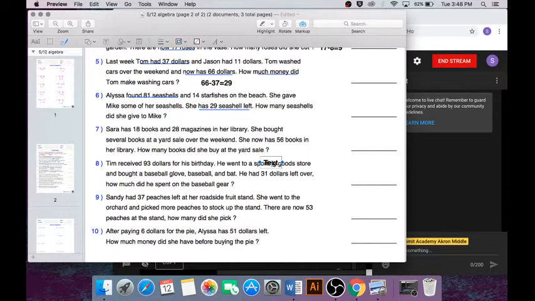We don't need the starfish information, so it's not important to the question. So we know that she had 81 and now she only has 29. And 81 minus 29 is 52.